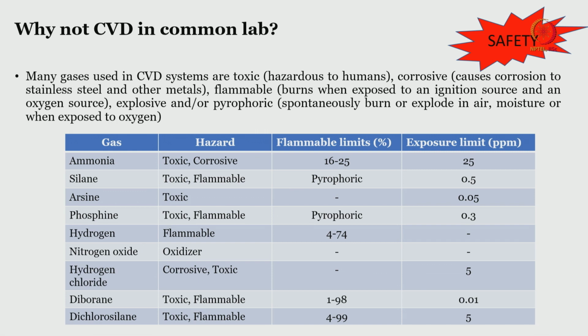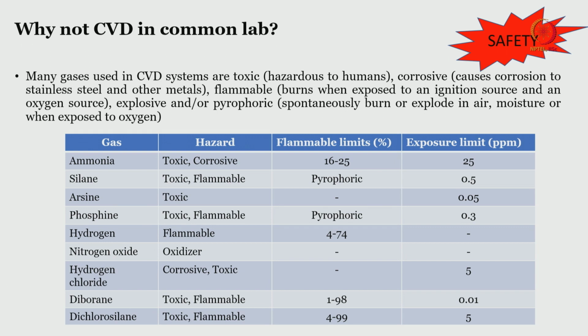What are the hazard levels? It ranges from toxic to corrosive to flammable to oxidizer to corrosive and toxic both, or combinations of these. The exposure limits are also given, because if you are exposed to more than this, like more than 25 parts per million of ammonia, it is hazardous to health. 0.5 for silane, 0.05 for arsine, you can see how low we are talking about, in parts per million.